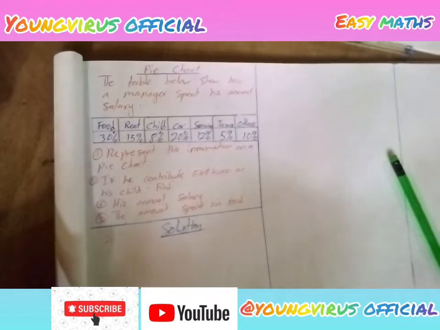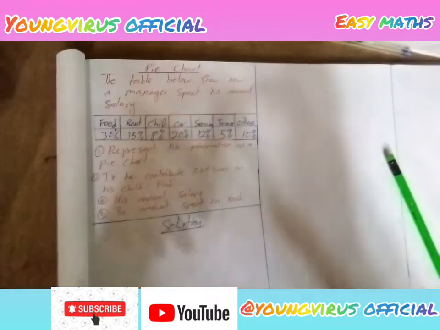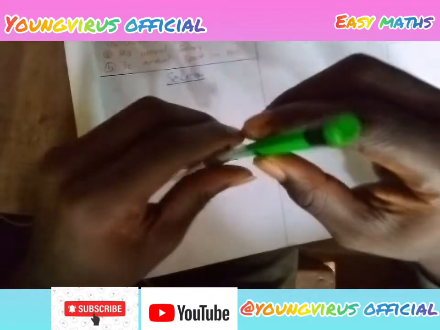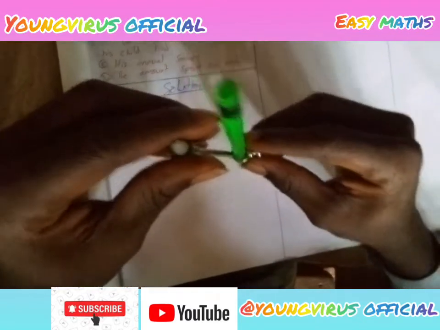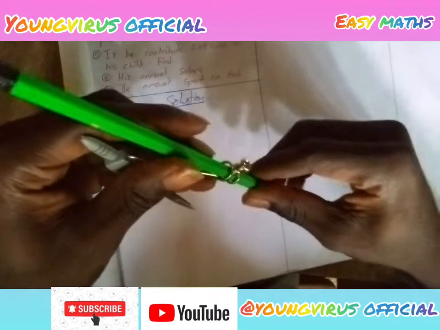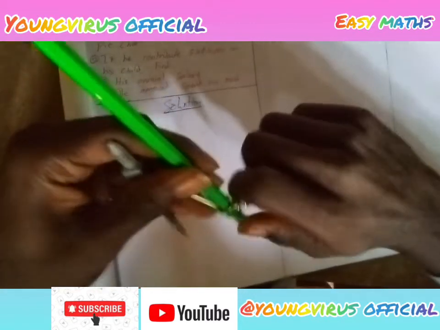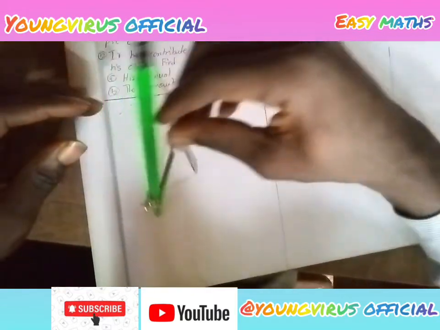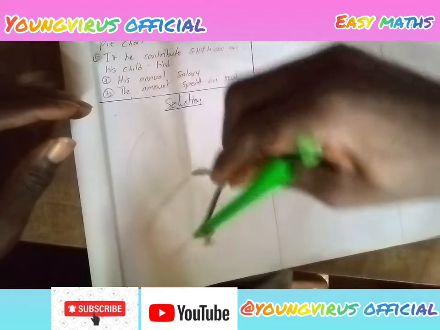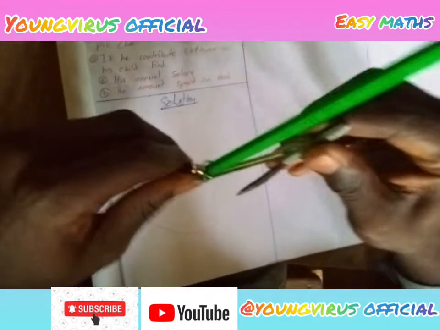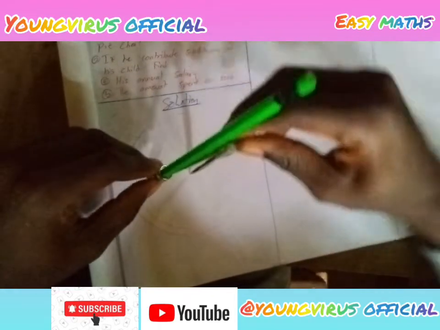So since neat work also carries some marks, we'll be using our compass over here. Let me fix my pencil in it. So you fix your pencil carefully in it. Yes. So you draw your circle. My compass has not been fixed well, so all I have to do is just draw a circle.